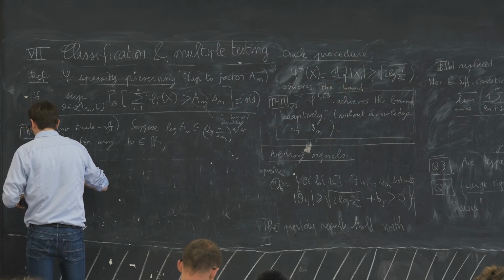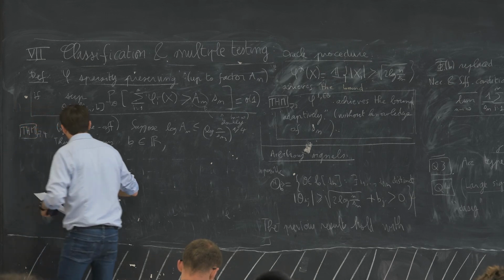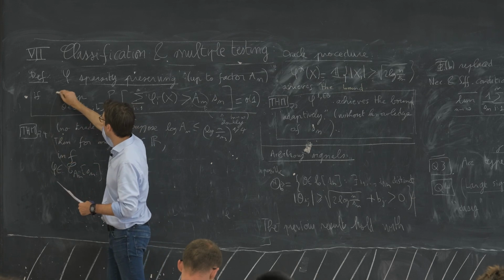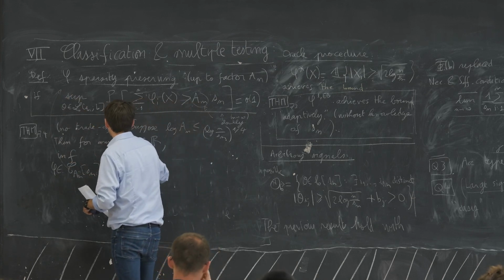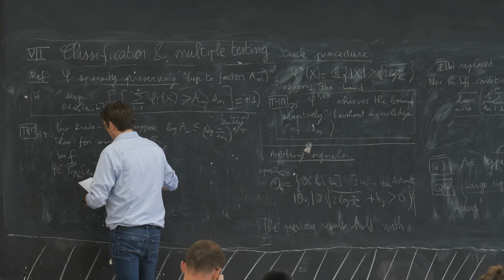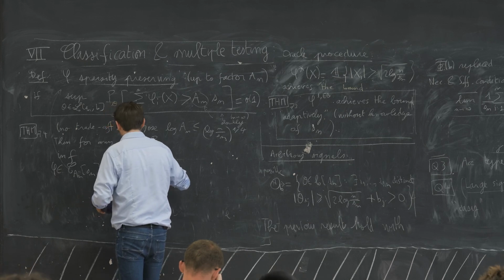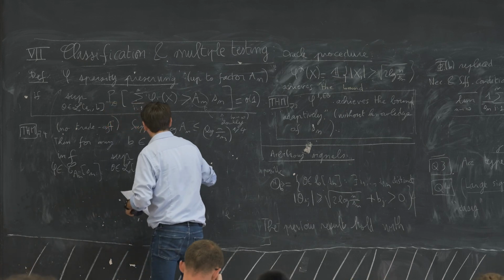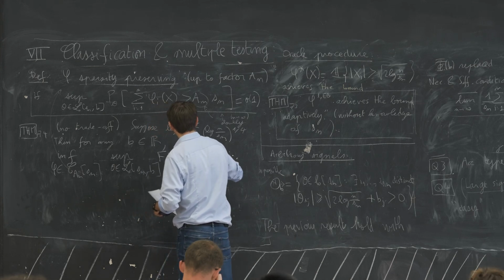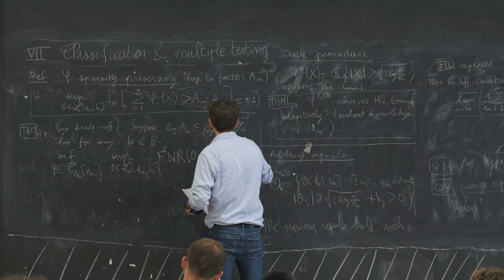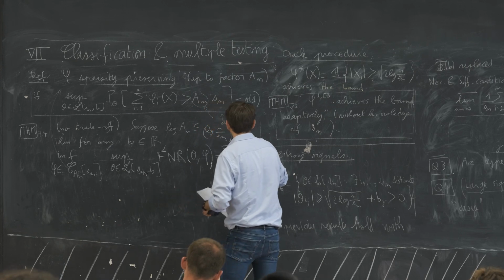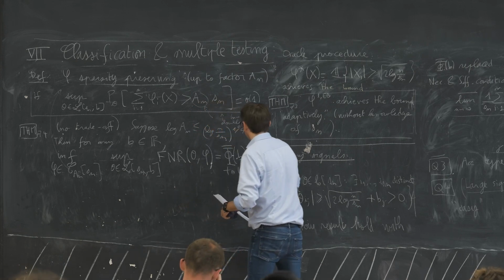Here I will not write it, but Can is just the class of sparsity preserving procedures up to a factor an. So if I take the inf over these procedures, sup over theta in L0 SNB of only the second type error, so I don't put the FDR here, this is phi bar of B plus little o of 1.